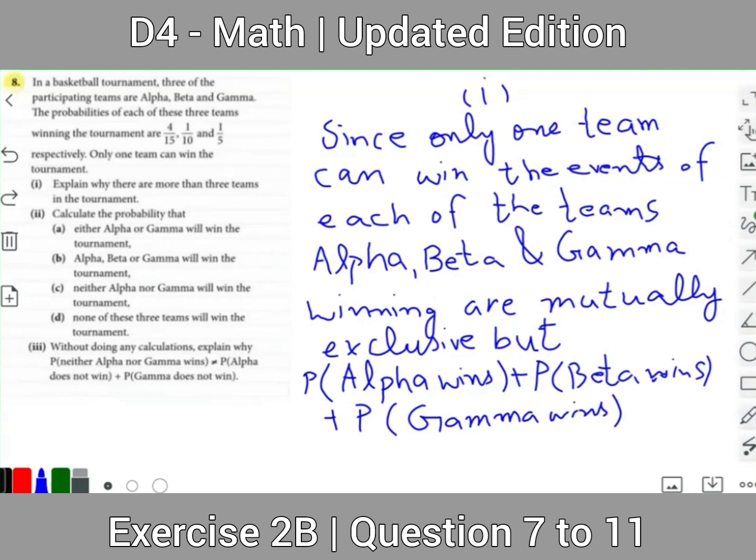So the probabilities of the three teams winning the tournament are given, and they are 4 over 15 plus 1 over 10 plus 1 over 5, respectively.